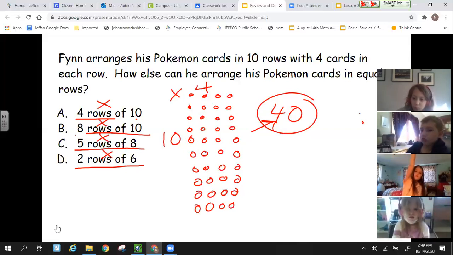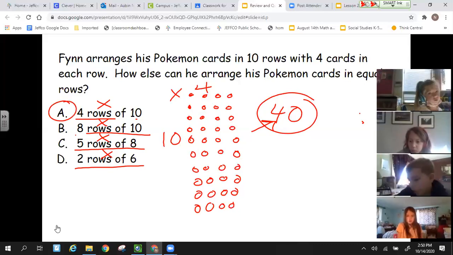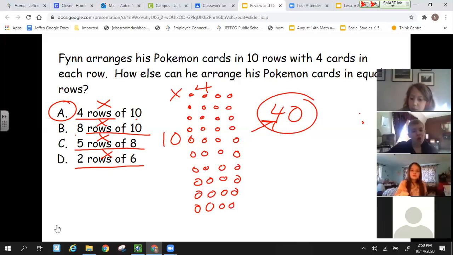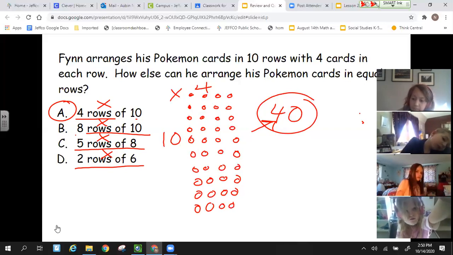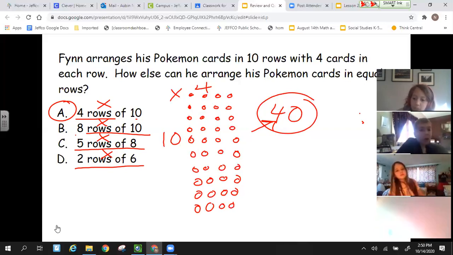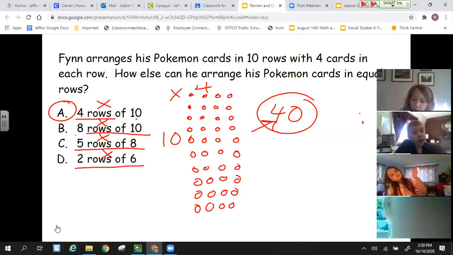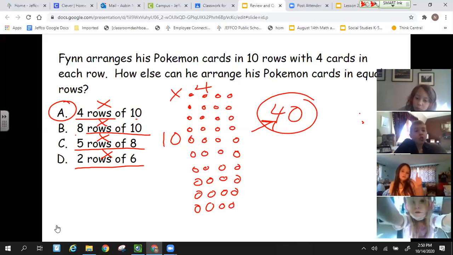She said 4 rows of 10. If you agree with her, give her a thumbs up. Sawyer, would you do 4 rows of 10? Sawyer agrees. They're both going to miss this. What a shame. Over a pencil. All right, Marin agrees. Maybe they don't sit next to each other during that.